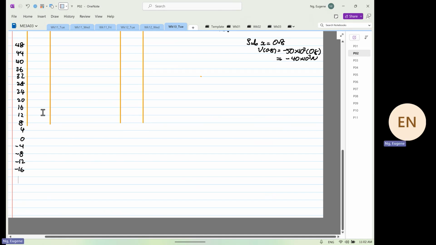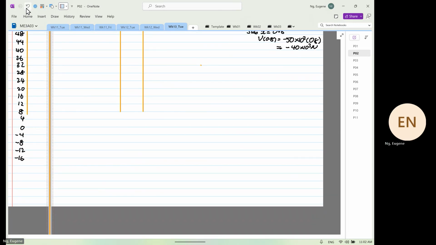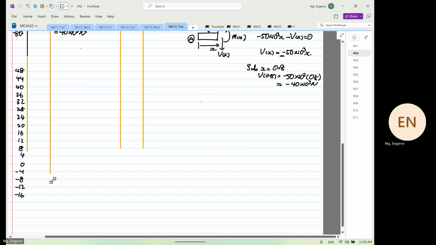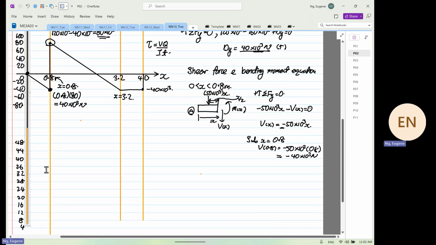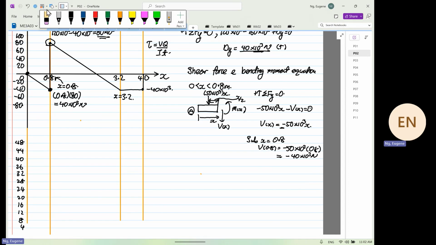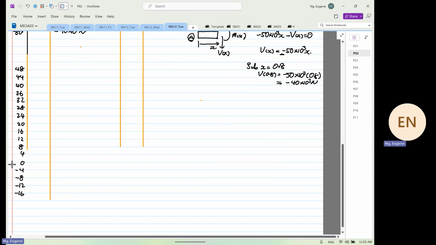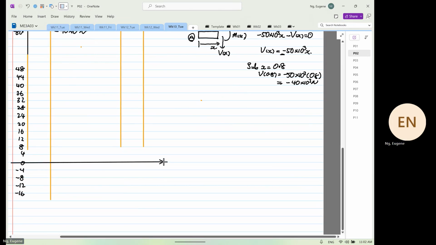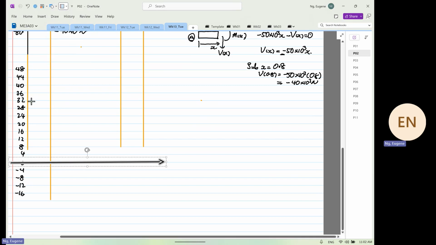I'm going to push this longer. Okay, I'm not going to fight the computer. They win. So next, we are going to sketch our bending moment diagram.